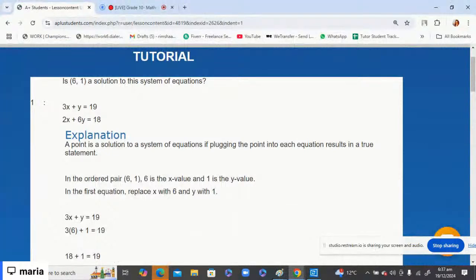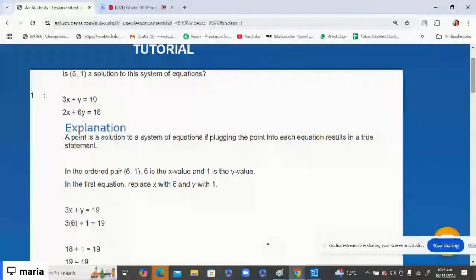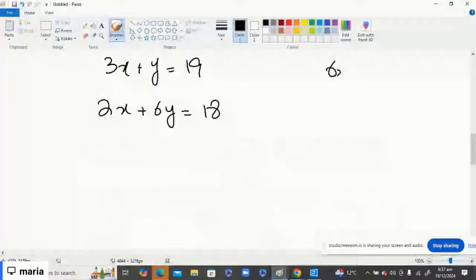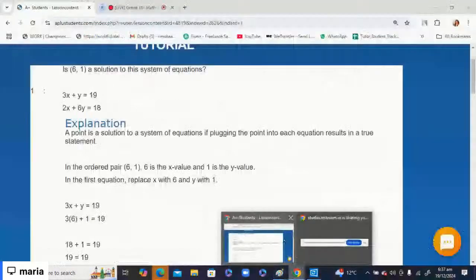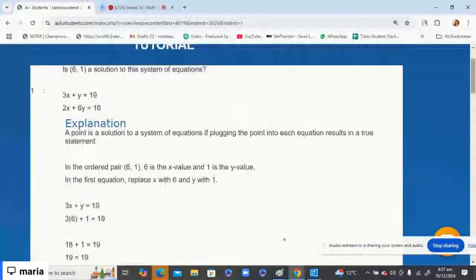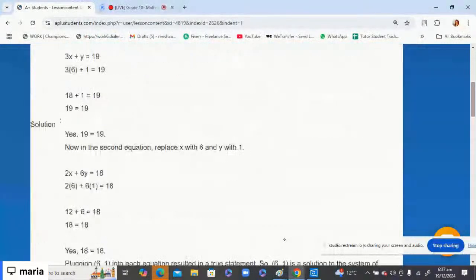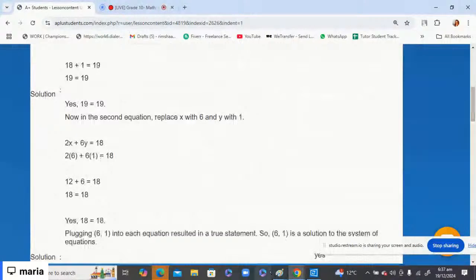Now here we check whether (6, 1) is a solution to this system of equations. First we use 6: we plug 6 in place of x and 1 in place of y and then check. Is this (6, 1)?